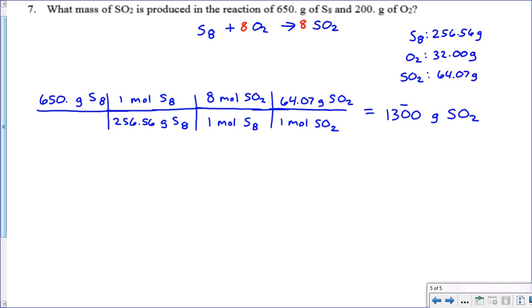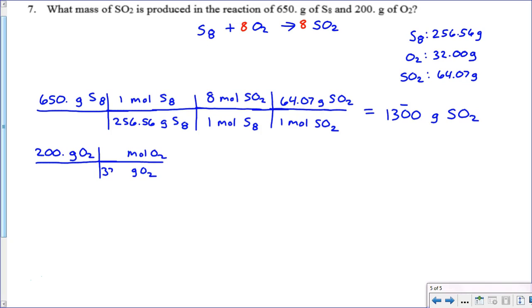So as the second step here, we need to start with the other mass, that 200 grams of oxygen. And again, this is 200. indicating that those 2 zeros are significant zeros. And we've got grams of O2. We're going to go from grams of O2 to moles of O2, which is the molar mass.